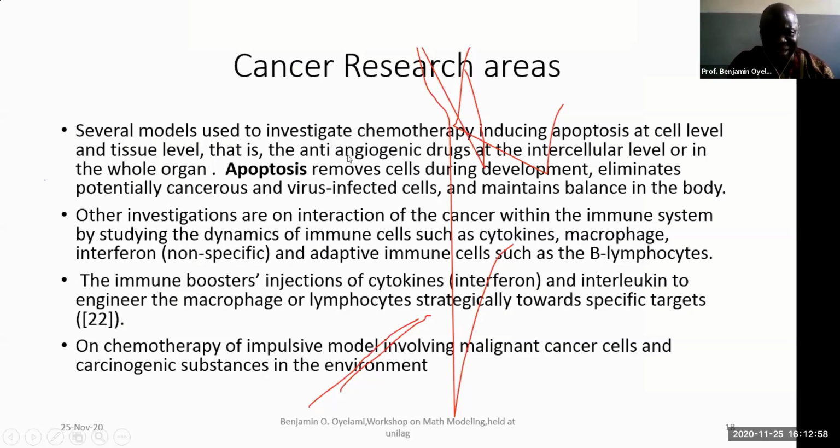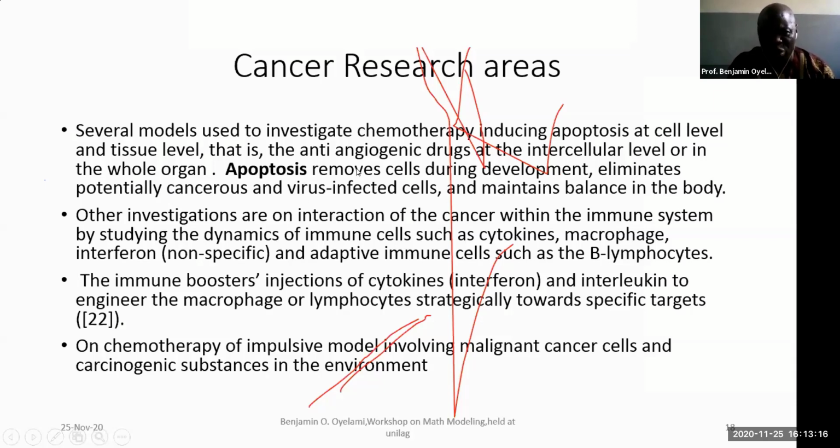And those vaccines that will be developed should be able to have this type of property. So apoptosis, as I told you, is to remove dead cells during the process of development and also during the process of elimination.